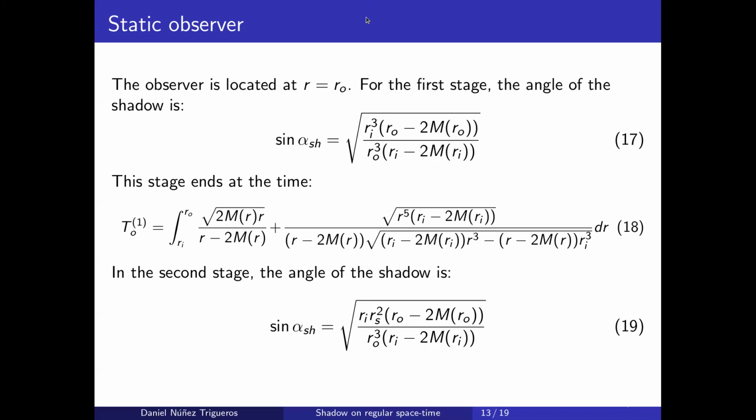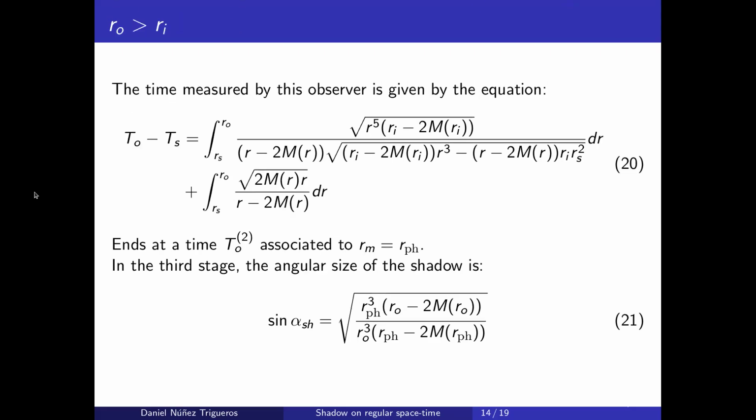At the second stage, you don't have a fixed radius of the star, so you are not going to have a fixed minimum radius for the photons either, and it starts to decrease until a point when it becomes the radius of the photosphere.